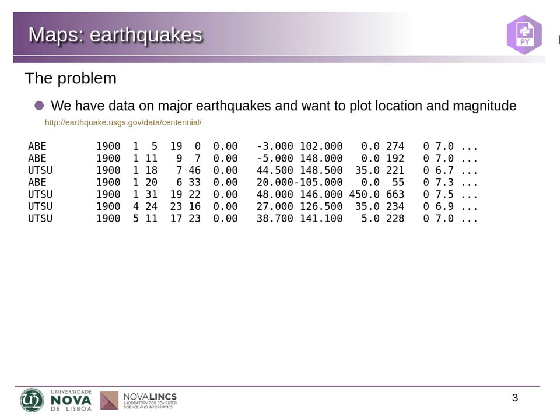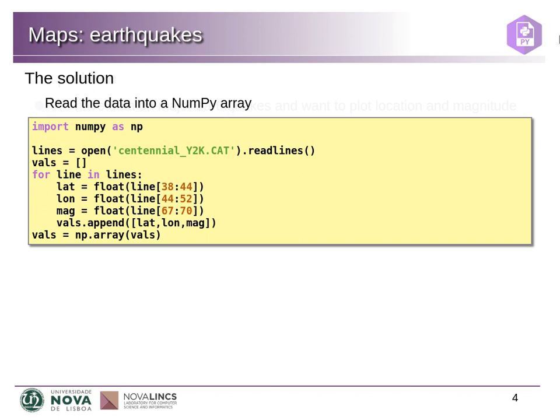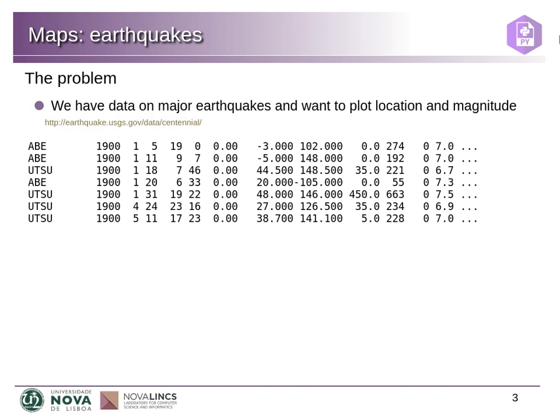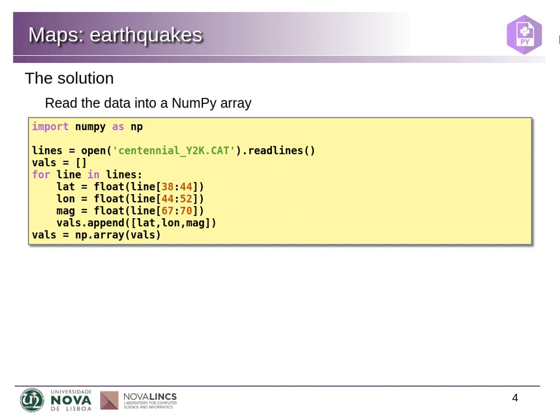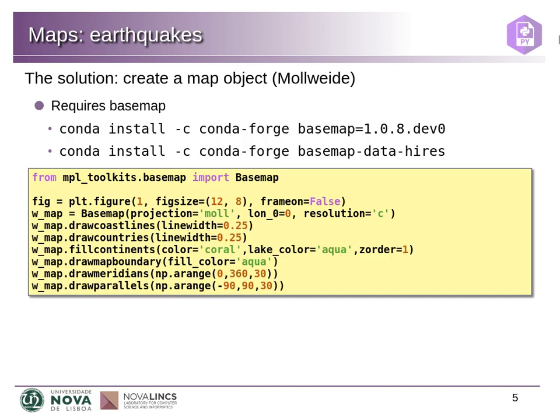Let's start with this table of major earthquakes for the last hundred and something years. We can download this table from the URL there. We could use pandas or CSV, but since we only need latitude, longitude, and magnitude, we can just read the file, extract the data, and build a matrix like this.